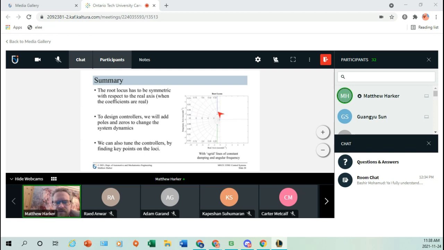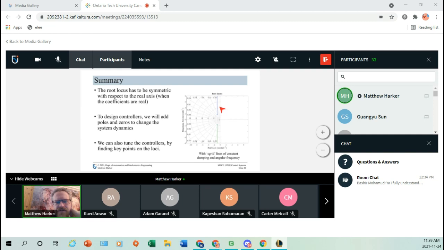Right, so these radial axes are different damping ratios, and our zero damping point is the points on the imaginary axis, which would oscillate forever, right? Because they have no damping, no friction, nothing like that.